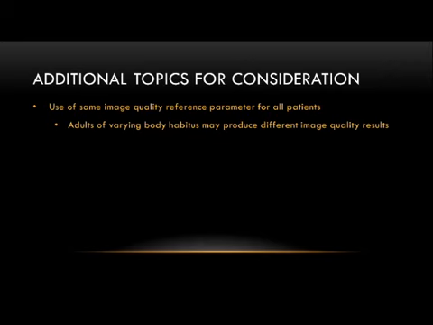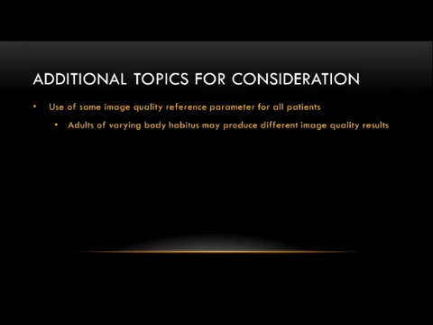So some additional topics for consideration here. For some systems, if you use the same image quality reference parameter, you're not necessarily going to get exactly the same image quality. Adults of varying body habitus may produce different image quality results.